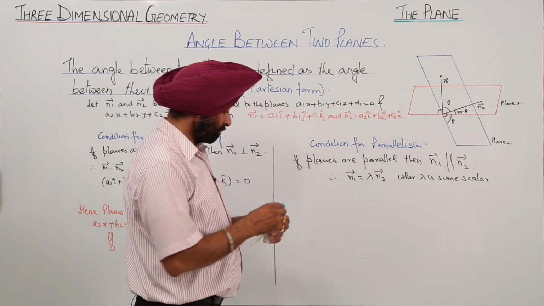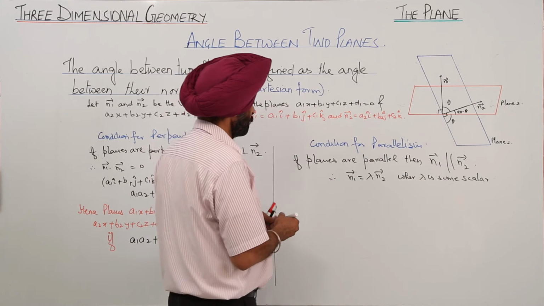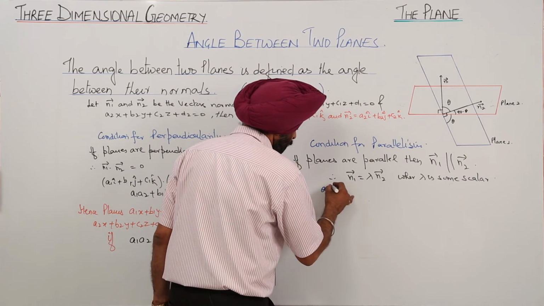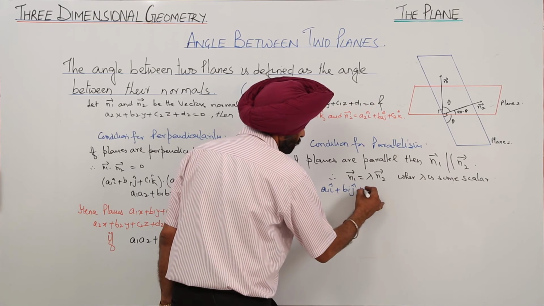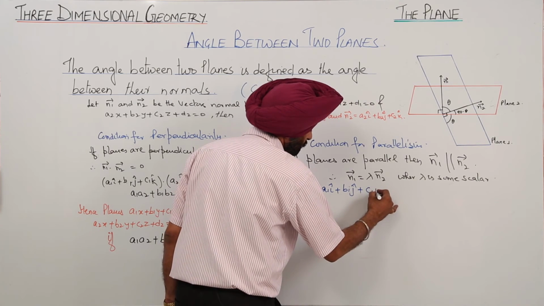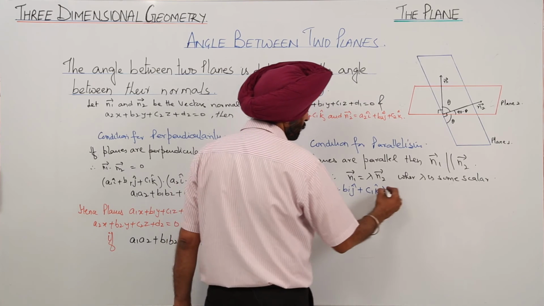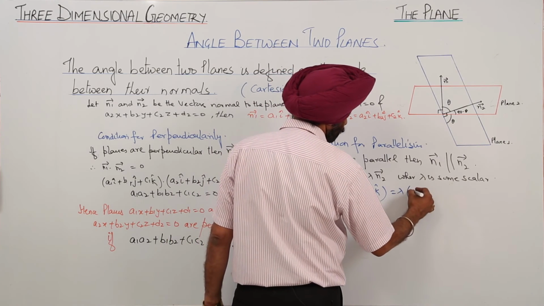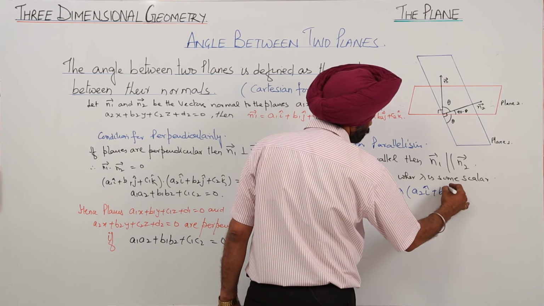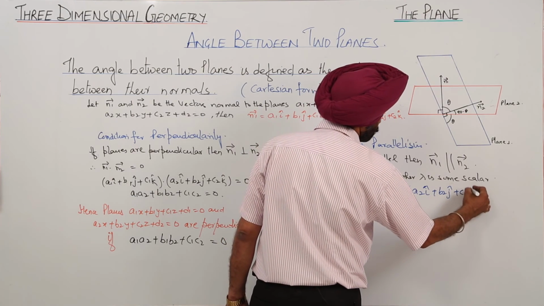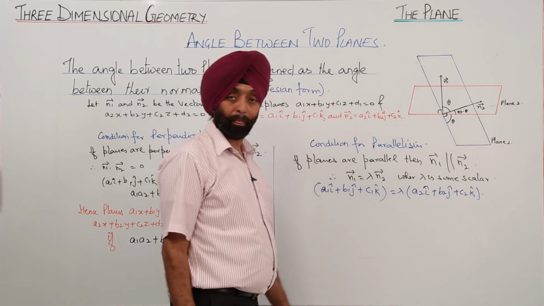Now what we are having? a1 i cap plus b1 j cap plus c1 k cap is equal to lambda times a2 i cap plus b2 j cap plus c2 k cap.